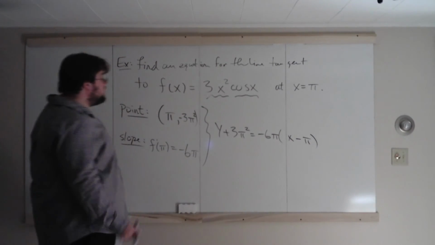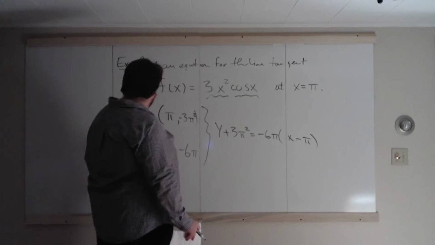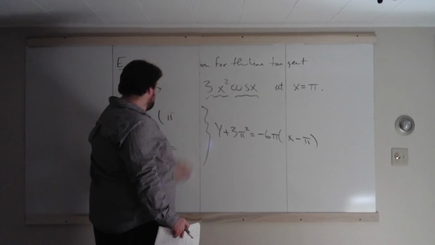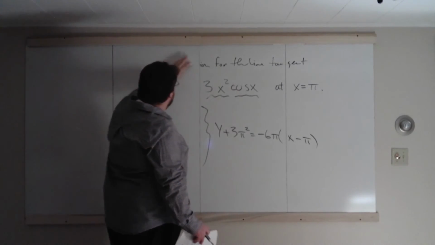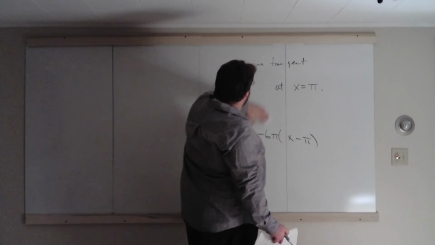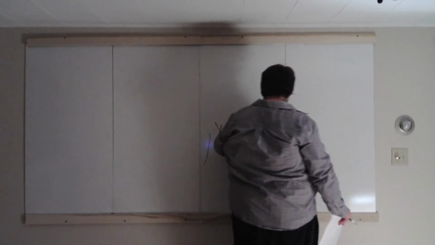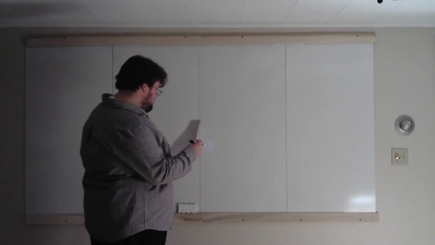You don't have to simplify that, even though it does simplify a little. What would it simplify to? Y equals negative 6 pi x plus 3 pi squared. But before, when we were asking for tangent lines, you needed to go through the definition of the derivative. Here, we just used our algebraic derivative laws.